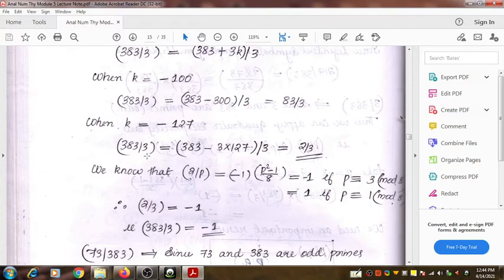So in short, 383 is congruent to 2 mod 3. For that, this calculation is done.